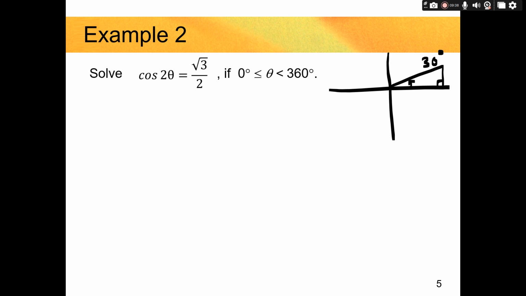I'll do the top one. So we took this one. We found out because of your identity that this guy is when cosine is equal to 30.